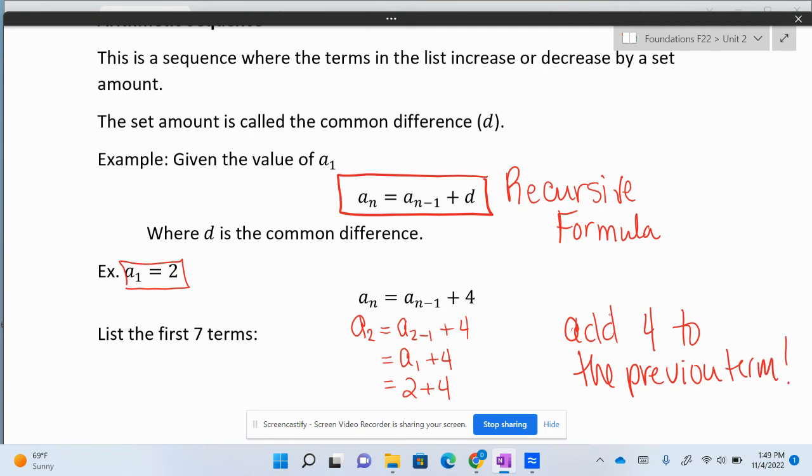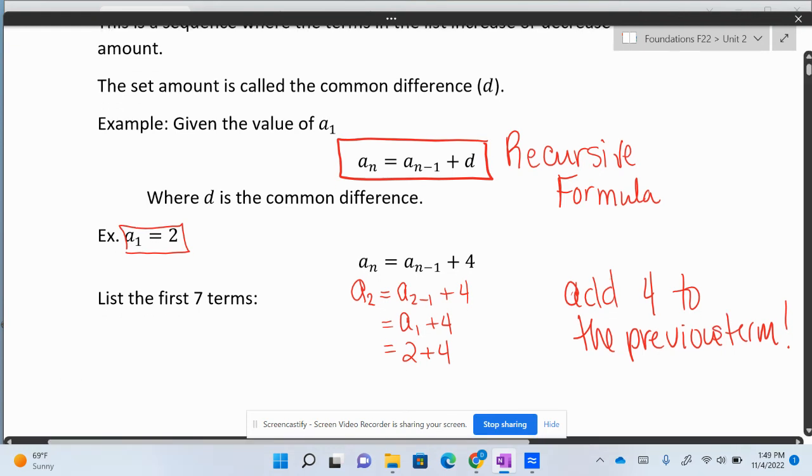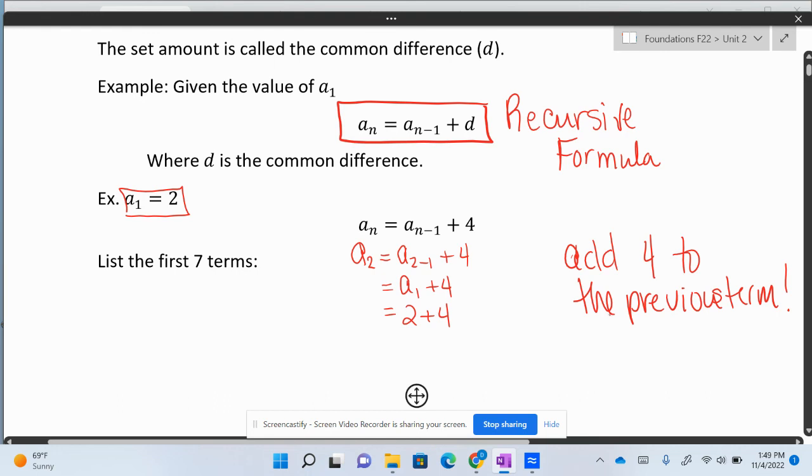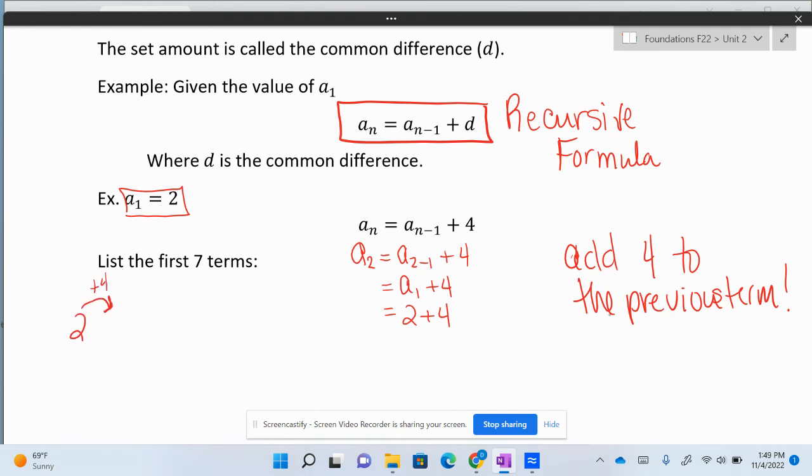Add 4 to the previous term. So if we know the first term is 2 and we add 4 to it, what's the next term? 2 plus 4 is? Anyone? 6. And then we add 4 to that.